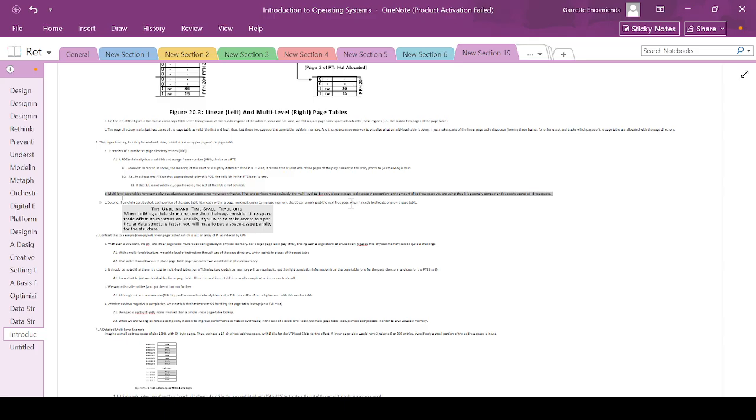Because in segmentation we have external fragmentation, we reduce the issue of internal fragmentation in a larger page table, but we have the external fragmentation issue of segmentation. So here what we are trying to accomplish is to reduce the internal fragmentation.